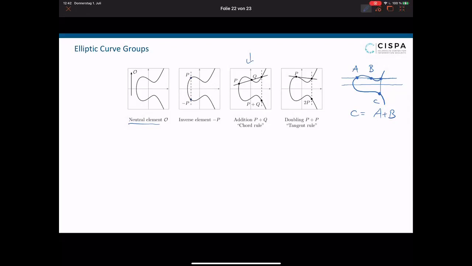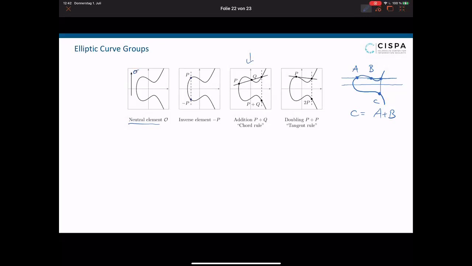So we say that this parallel line intersects the curve at infinity. We call this infinity element also O.